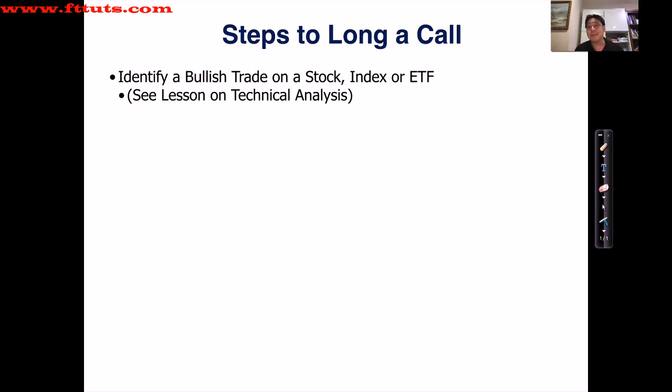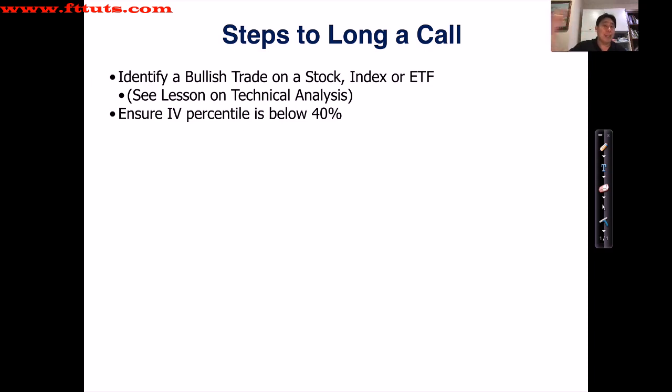So once you've identified the trade, step 2 is to look at the IV percentile of that stock. So again, we ideally want to buy options when the IV percentile is 40% or below, because that's when options are relatively cheap. When the IV percentile is 50% or more, then you're buying options when they're expensive, and it's a bit more risky.